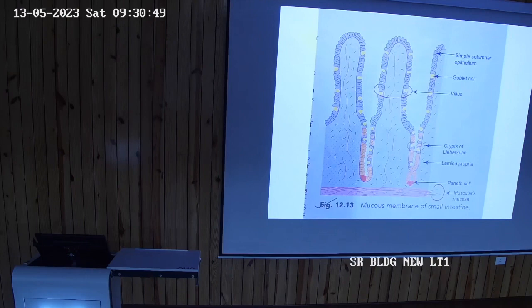Nor is there a collection of mucus secreting glands, that is Brunner's glands, which are seen in the duodenum, and no aggregations of lymphoid follicles, which are seen in the ileum. Those are called Peyer's patches. In the submucosal part, you will see just the transverse section of the villus and all that.